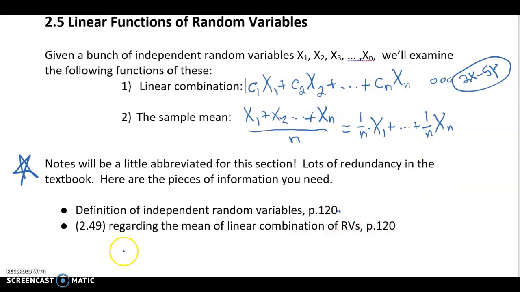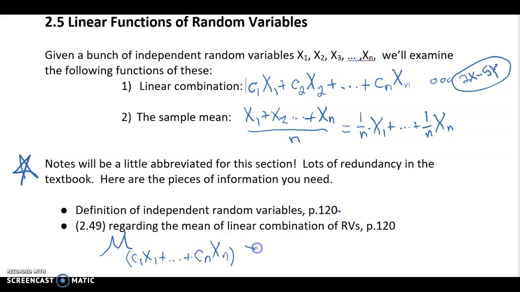I'm going to write that real quick. What that says is the mean, and you'll want to go back and double check it. This is all in a subscript. If you had a linear combination like the one we wrote up above, and you want to find the mean of that, remember, this is the symbol for mean, and this is all subscript. So it's the mean of this whole thing.